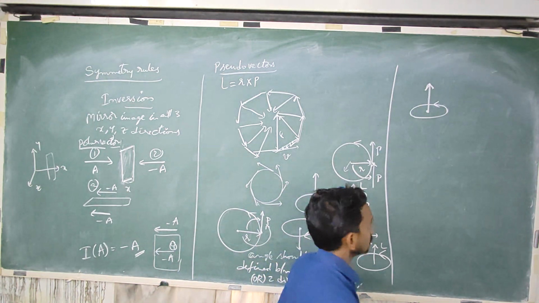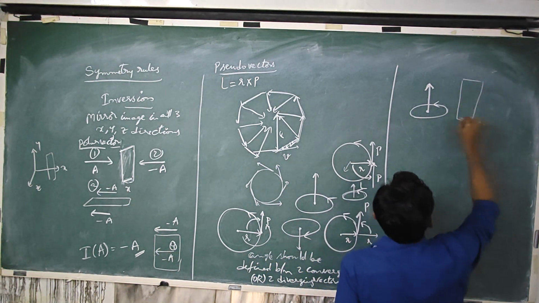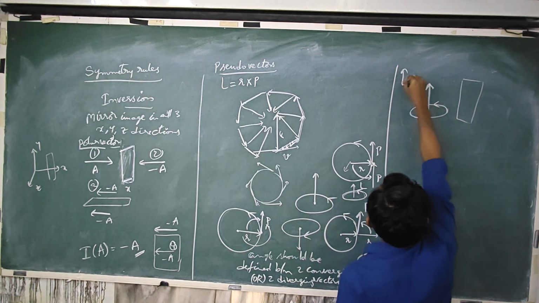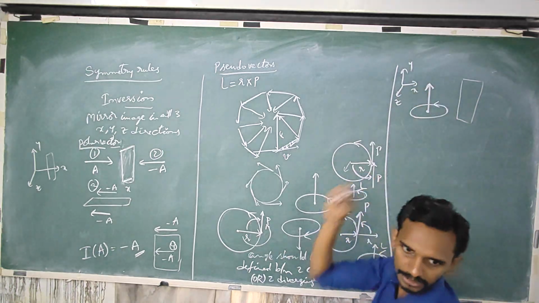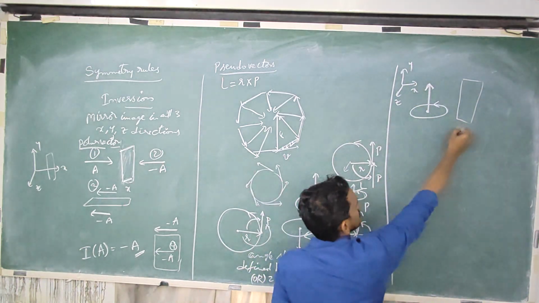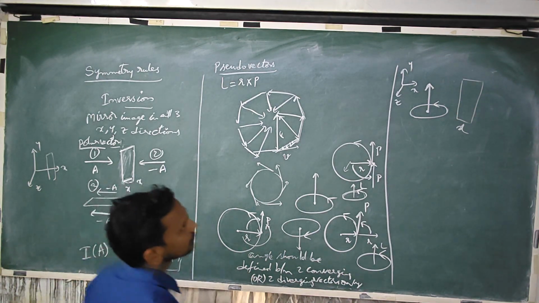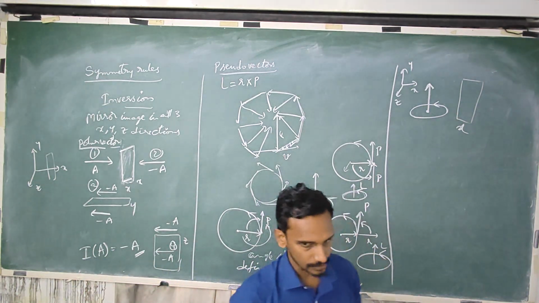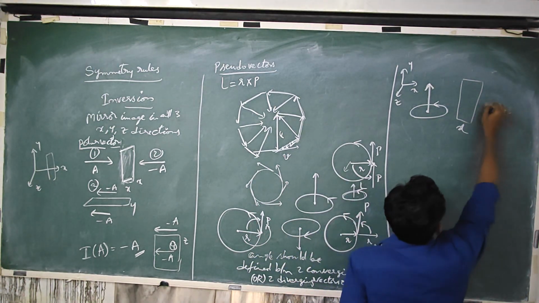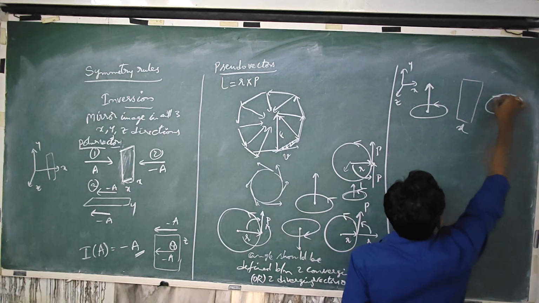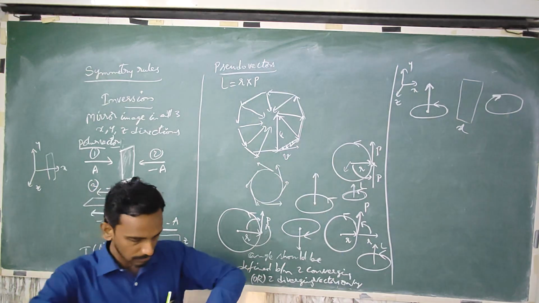Now I'm taking the x direction mirror. This is my x, so the mirror is perpendicular to the x axis. Here we have the x mirror, y mirror and z mirror. What happens? It looks like this in the mirror.